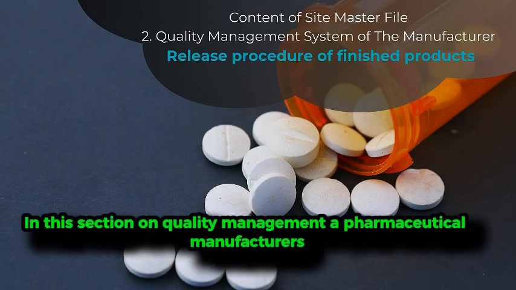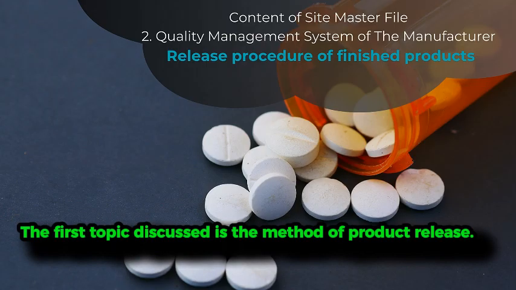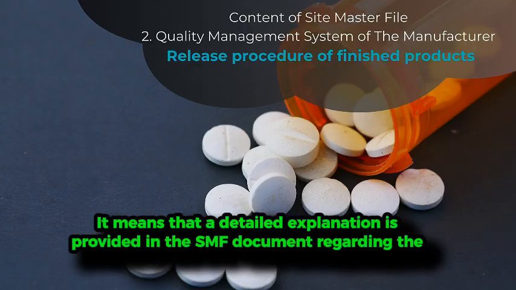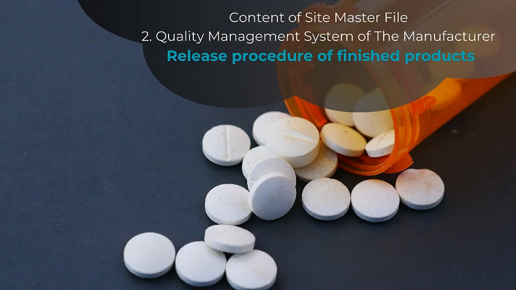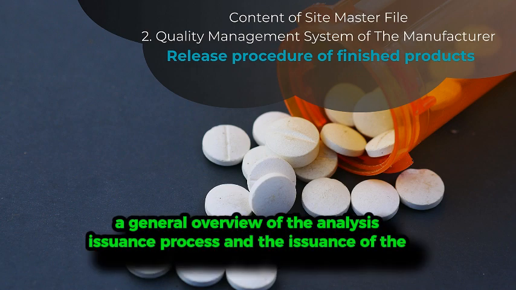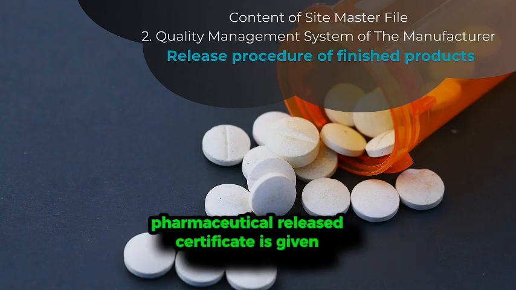In the section on quality management of pharmaceutical manufacturers, the first topic discussed is the method of product release. What does this mean? It means that a detailed explanation is provided in the SMF document regarding the qualifications and letters of individuals involved in the pharmaceutical product release process at the factory. A general overview of the analysis issuance process and the issuance of the pharmaceutical release certificate is given.